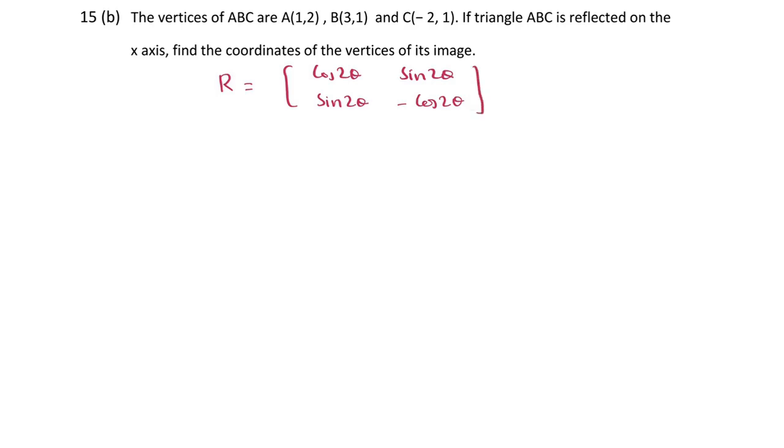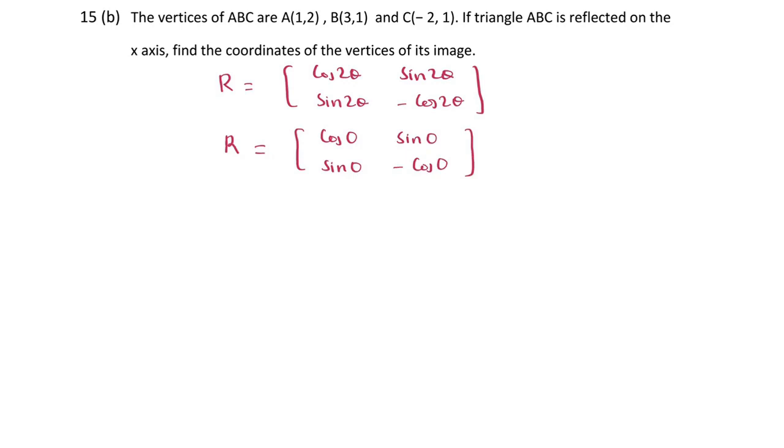Okay, so we know that the reflection line makes an angle of 0 degrees with the x-axis. So let us substitute θ with 0. We are going to have R equals [cos 0, sin 0; sin 0, -cos 0].